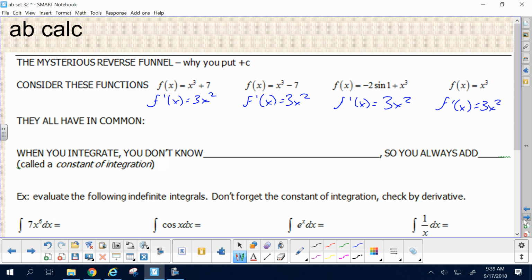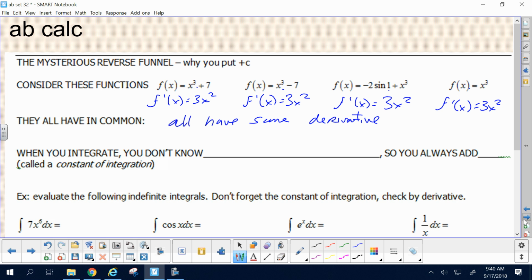All right, now all 4 of these are different, okay? And yet, they all have the same derivative. And that's because, well, when you take derivatives, all of them funnel into the same derivative.